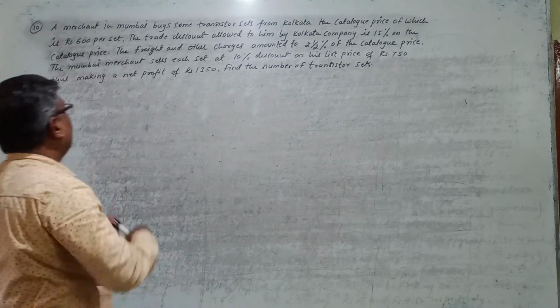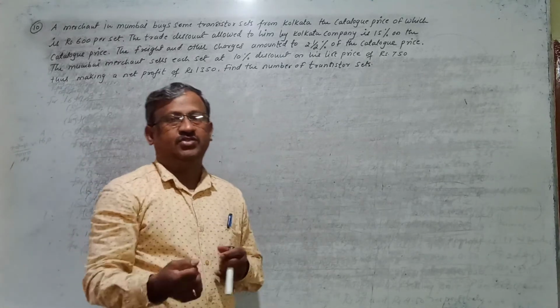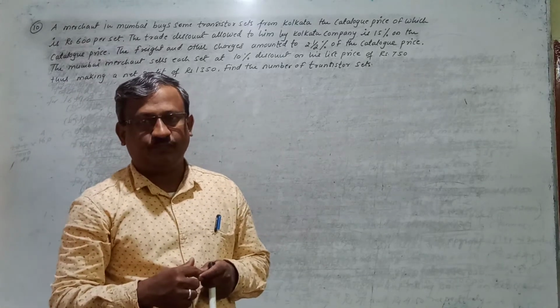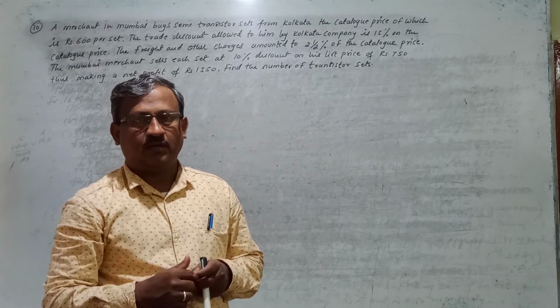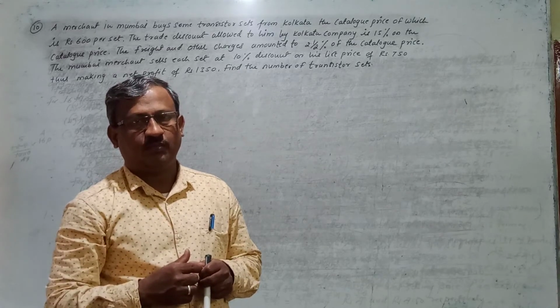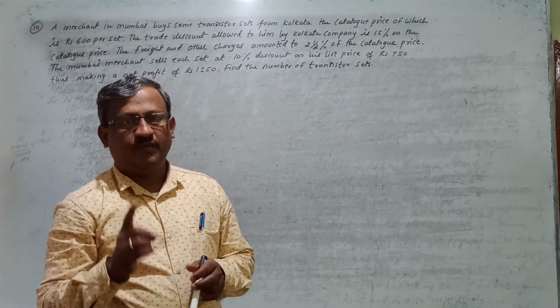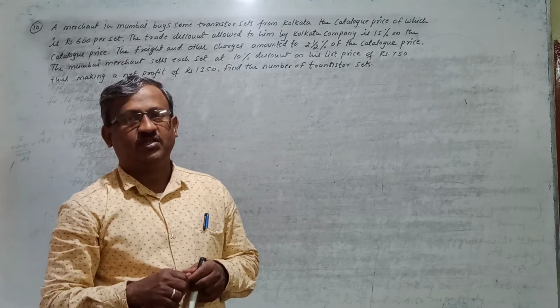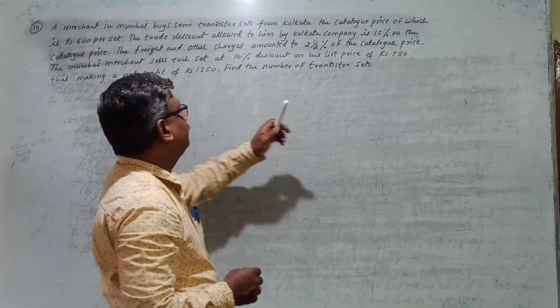Now here there is a Mumbai merchant and who is buying the transistor sets from Kolkata company. Mumbai merchant is the buyer and Kolkata company is the seller. So Mumbai merchant is buying the number of transistor sets from the Kolkata company, but how many transistor sets he has purchased it is not known. But we know the catalog price of one transistor set fixed by the Kolkata company is how much here? 600 rupees, right?